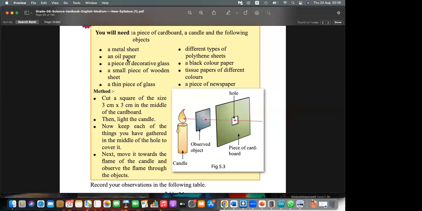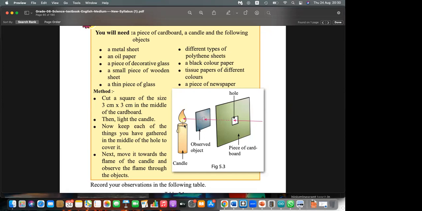When you put a metal sheet, you will not be able to see the candle. When you put an oil paper, you will see the light, but not the candle. Decorative glass, again, you will see the light, but not the candle. Wooden sheet, you will see neither the light nor the candle. A piece of glass, you will see both the light and the candle.